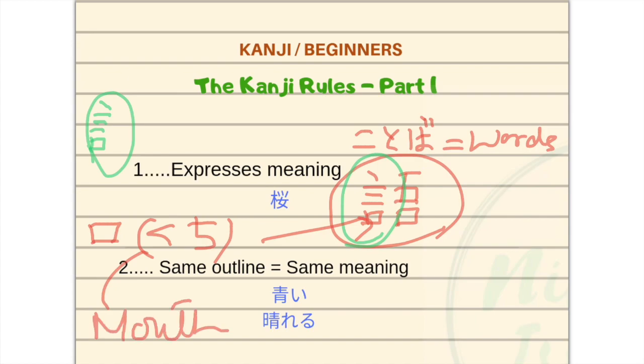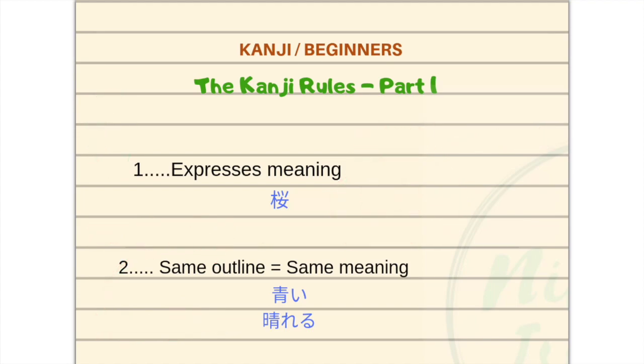Now let us use our imagination. Just imagine when we try to speak, we use our tongue. So this is a part of the kanji. The second part is again the mouth, the other kanji, which means itsutsu, that is 5, the number 5.